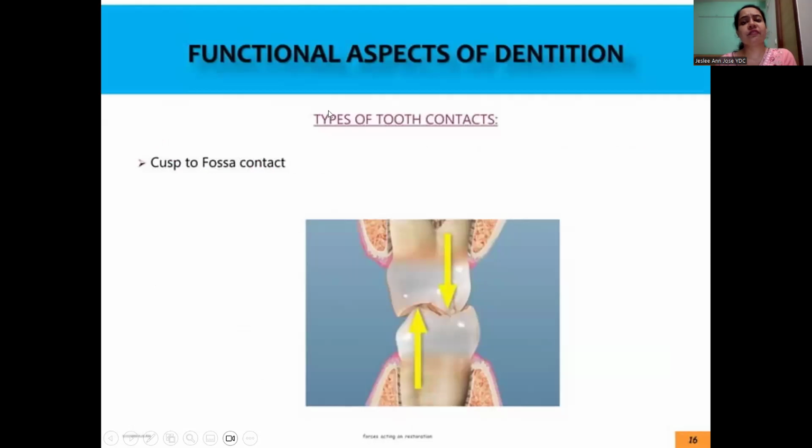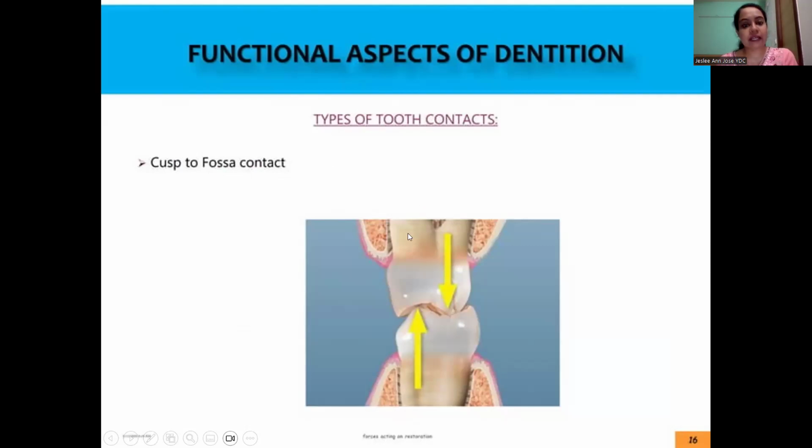Next are the functional aspects of dentition. Now that we know what makes enamel, dentin, and various substructures hard, we need to know a few basics of occlusion. How do the opposing teeth occlude while in contact?